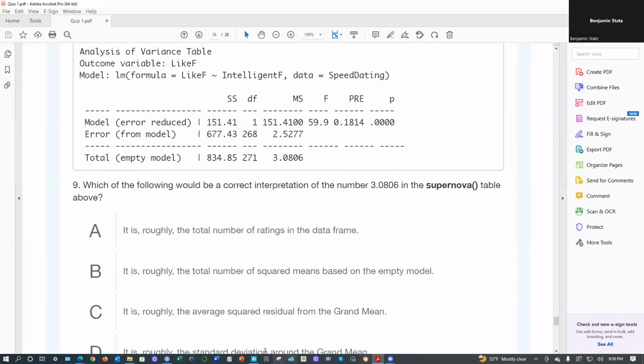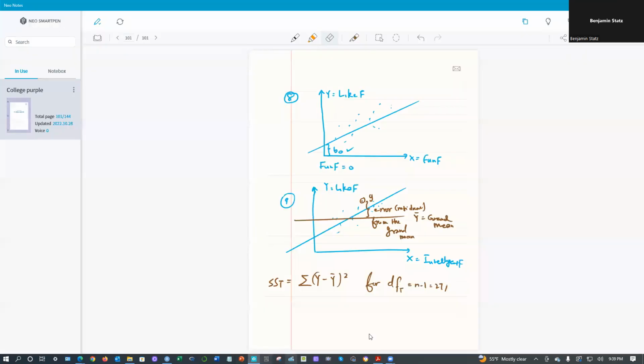It should be the correct one right here. The sum of squares total is 828.842, and the degrees of freedom is 269.